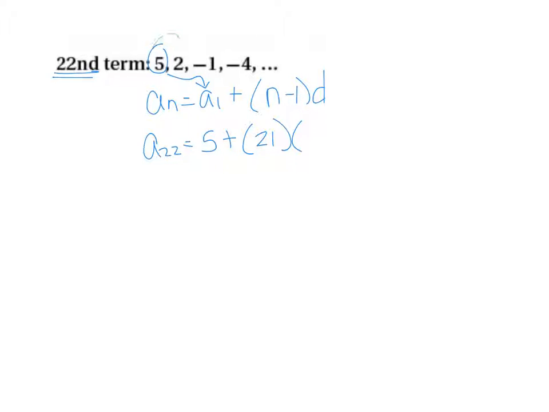So from 5 to 2, it's down 3. 2 to negative 1, down 3. Negative 1 to negative 4, down 3. So it's definitely arithmetic, and the common difference is negative 3. Okay, and then I calculate first using PEMDAS. I'd multiply first. So I would get negative 63 plus 5, which is negative 58.